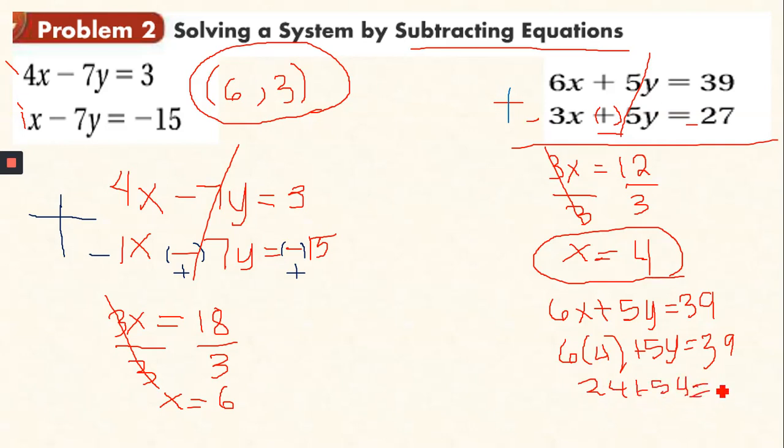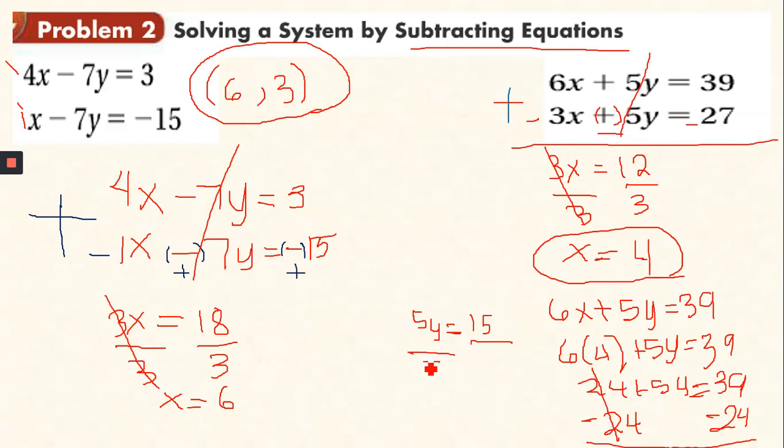equals 39. Okay? We're solving for y, so we need to get the opposite of 24, and that is negative 24. So you're going to write negative 24 on both sides of the equation. Positive 24 plus negative 24, that will be 0. So you now have 5y equals 39 plus negative 24, that is equal to positive 15.